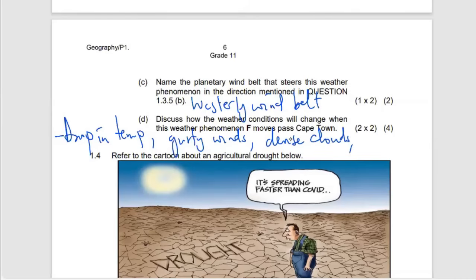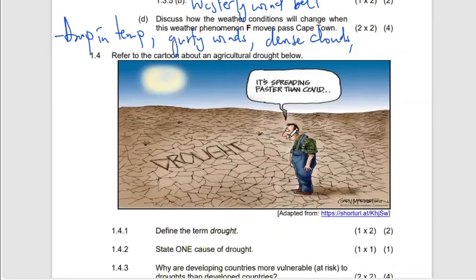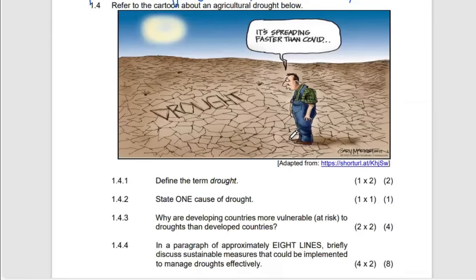We talked about the strong winds, we talked about the drop in temperature, we talked about dense cloud cover, because of excessive condensation that is going to happen. So basically, those are the weather conditions which are likely to be brought by the coming in of a cold front over Cape Town.